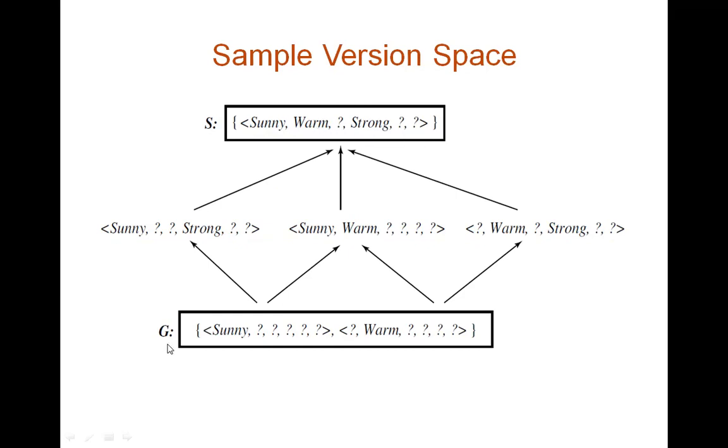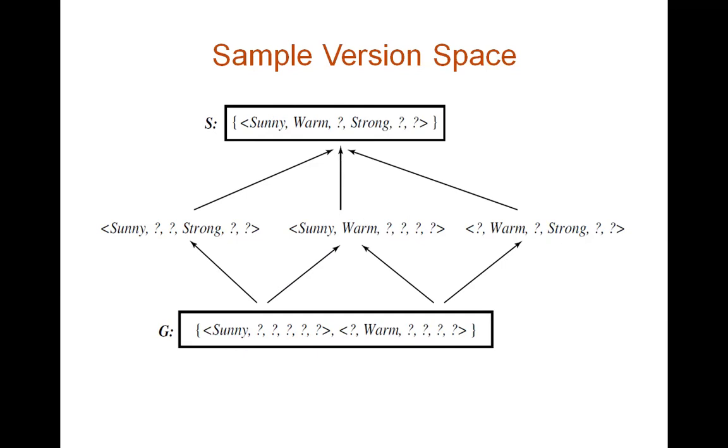So G is the maximally general hypothesis, and S is the minimally general or maximally specific hypothesis consistent with the given data set. Once you get the specific boundary and general boundary, in between these two boundaries a lot of hypotheses will be there, so using them you can create the version space.